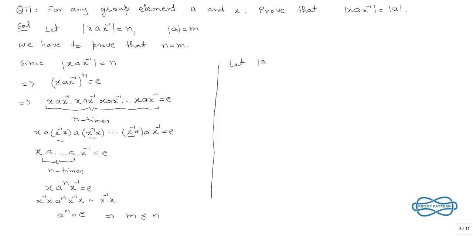Now consider, let the order of a be m. This means a^m is equal to identity, and that can be written as x times a^m is equal to x, and x a^m x inverse is equal to x inverse x, which is identity.